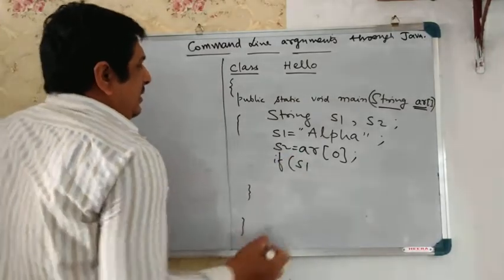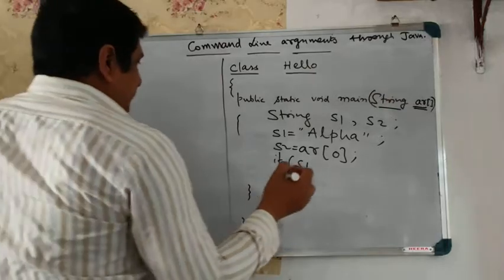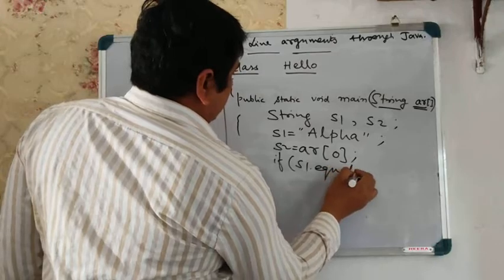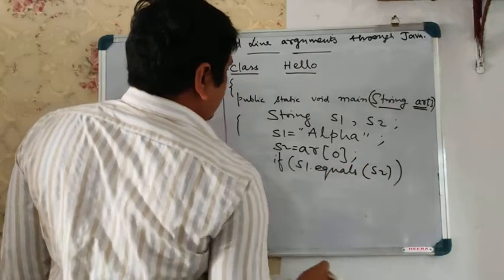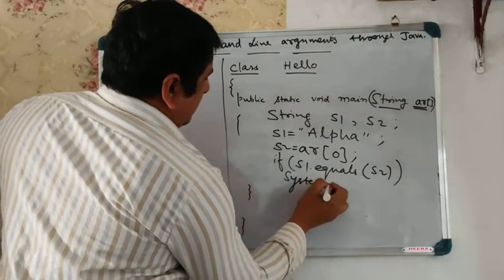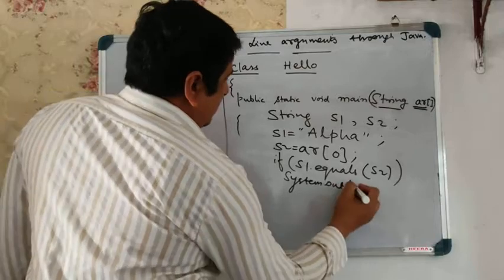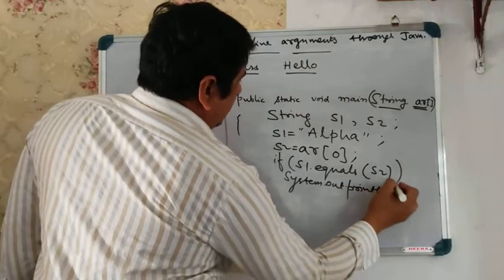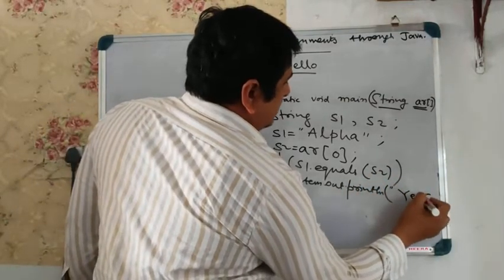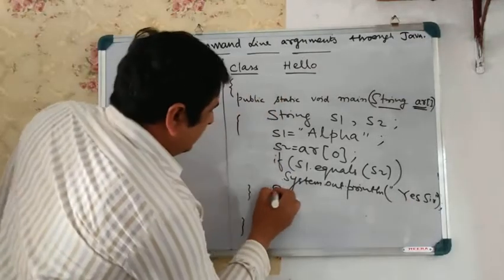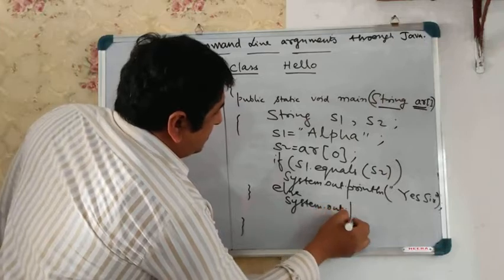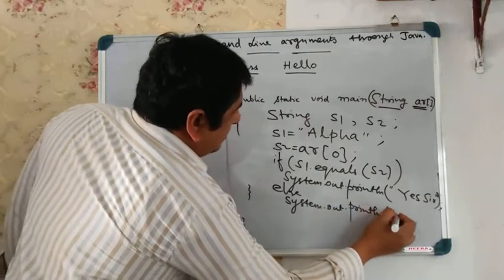If S1 dot equals S2, then System.out.println yes sir, else System.out.println no sir.